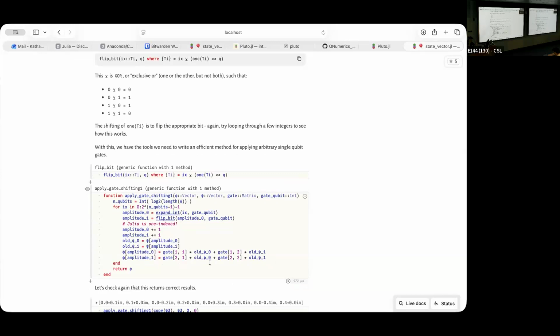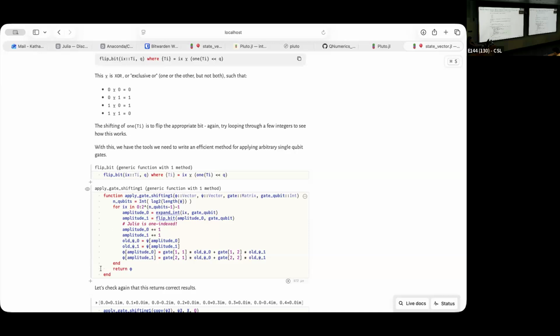Here we have an input vector psi, some gate, which for now I'm going to assume is a single qubit gate, and some qubit index. Then we have an output vector phi.